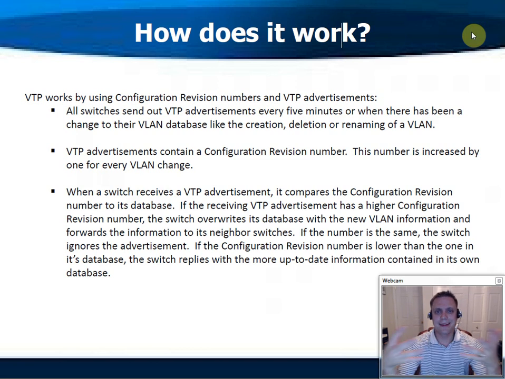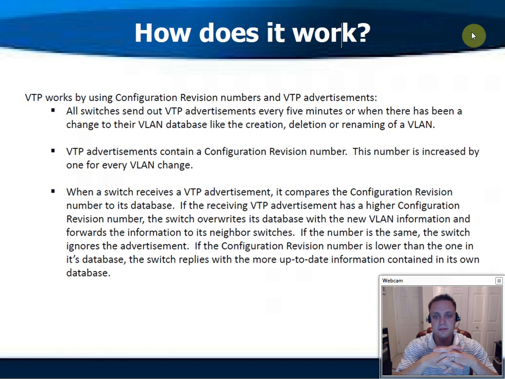So how does this all tie together? When a switch receives a VTP advertisement, it compares the configuration revision number to its database. If the received VTP advertisement has a higher configuration revision number than that in its own database, it's going to delete its database and replace it with what is being received from the other switch, which a lot of times is exactly what we want it to do. In some cases, not. If the configuration revision numbers are equal to each other, the switch simply balls it up and throws it away.